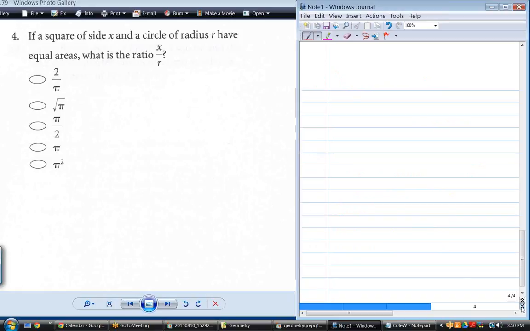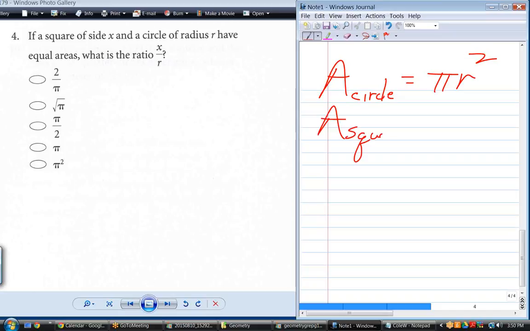Okay, they're telling us that a square and a circle have equal areas. Well, what's the area of a circle? Pi r squared. What is the area of a square? Base times height. Or how about x squared?